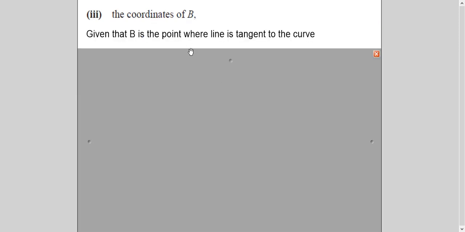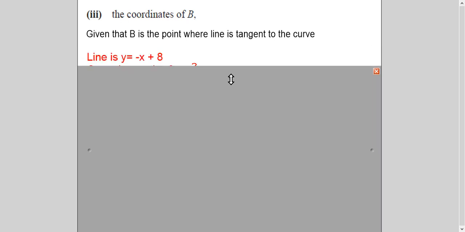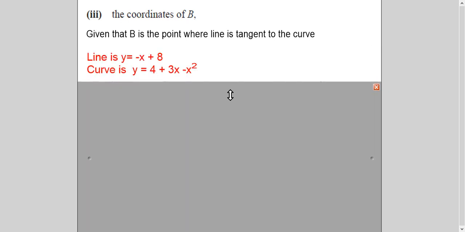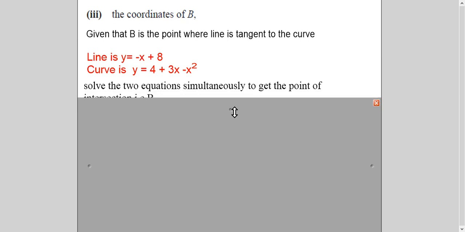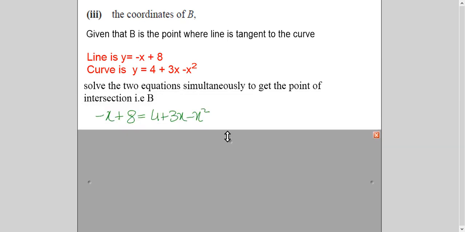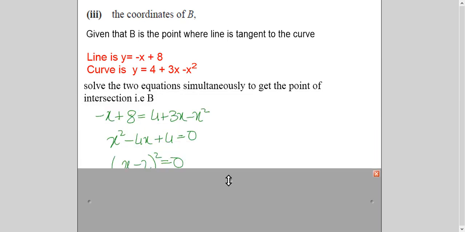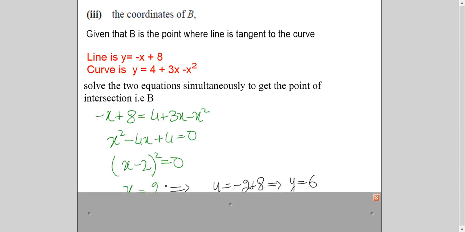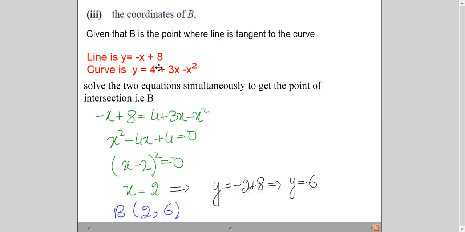So I will solve them simultaneously. When I solved them, I got the value of x as 2. It was understood that the value of x will be the same, because it is a tangent. That value of x you can plug in either here or here and get the value of y. So the coordinates of B are (2, 6).